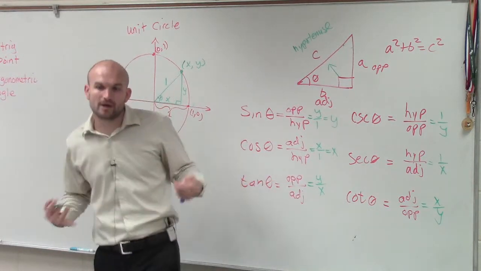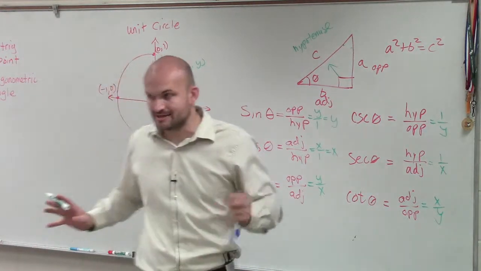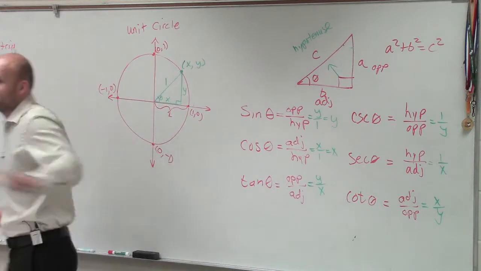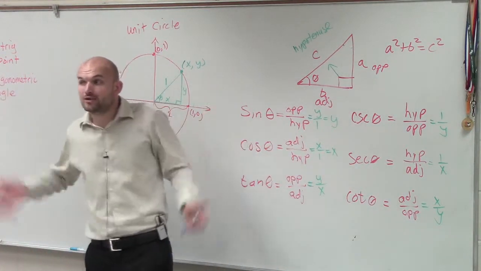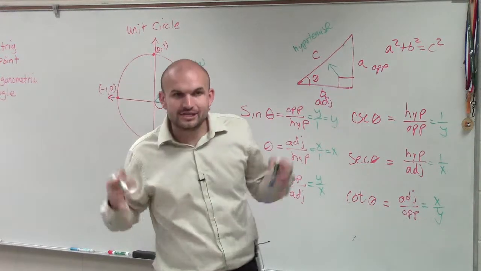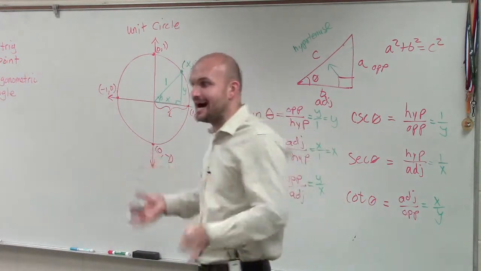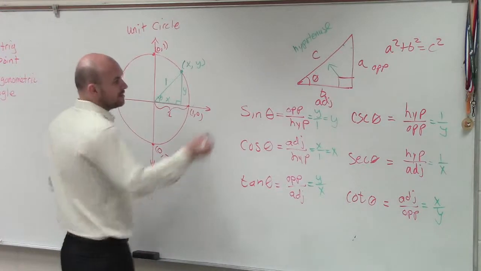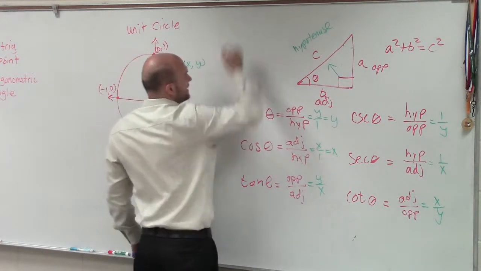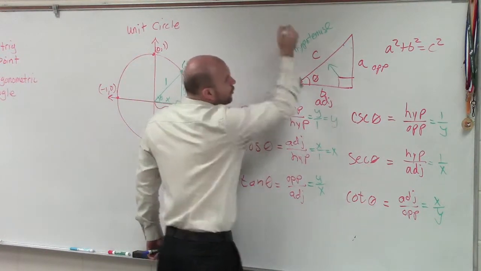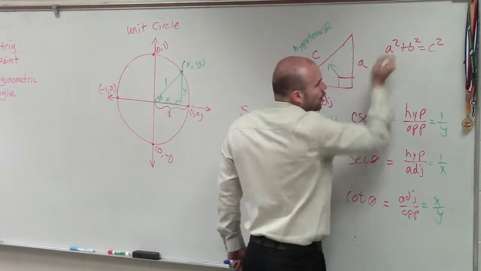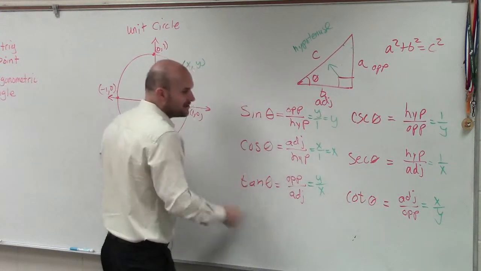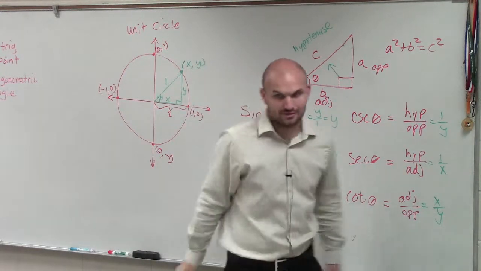All right? Now, the one important thing, the last thing I'm going to leave you with on this, ladies and gentlemen: these ratios and these points, what they equal, x and y, only relates when you have a point on the unit circle. So ready? Only when you have a point on the unit circle.